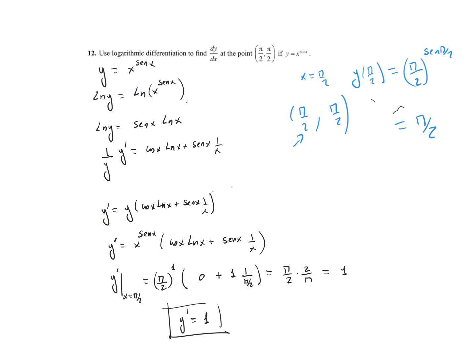So it is pi divided by 2 multiplied by 2 divided by pi. The 2 will cancel, the pi will cancel, and it will be 1. So the slope at x equal pi divided by 2 of the function y equal x to the sine of x is 1. And we have finished.